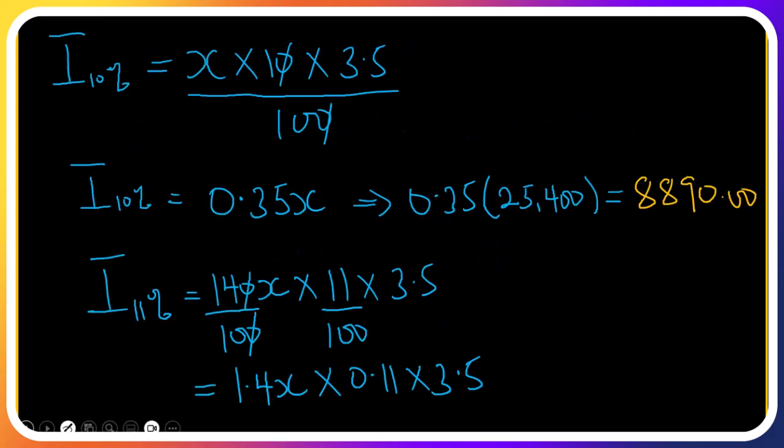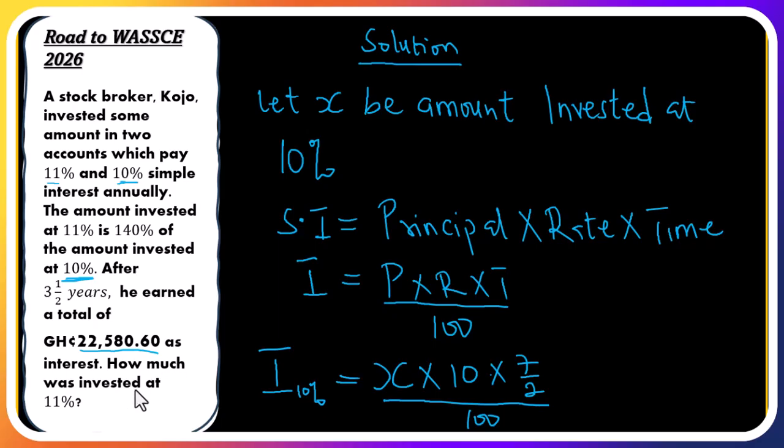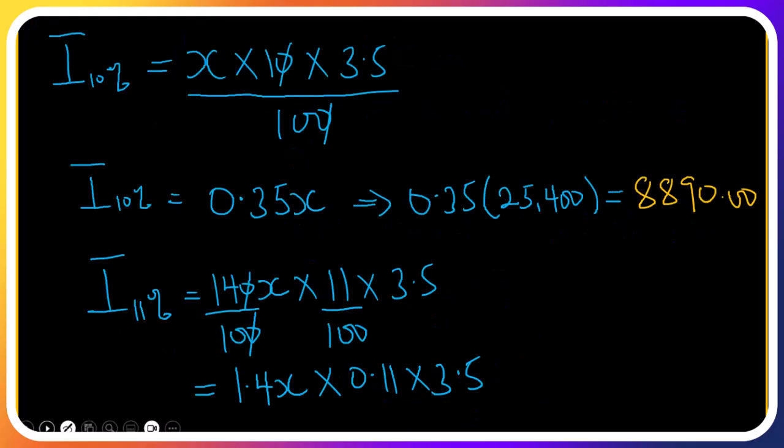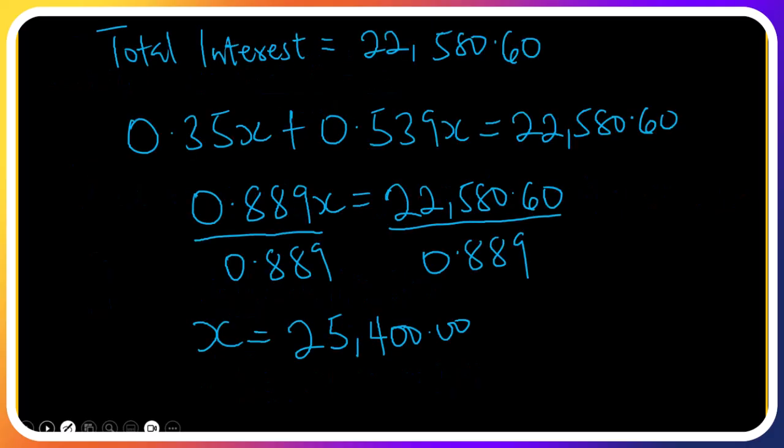Now let's move on to the question. How much was invested at 11%? So that is the 11% principal. The 11% principal was 140% of the amount invested at 10%.